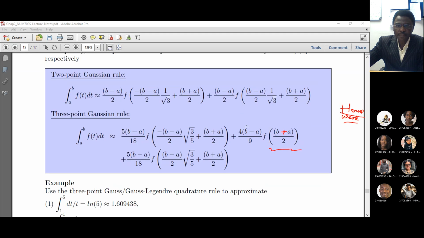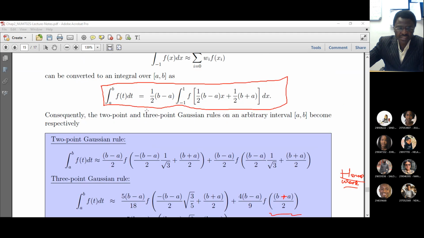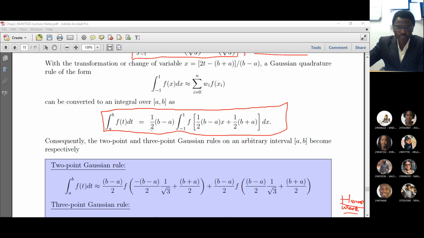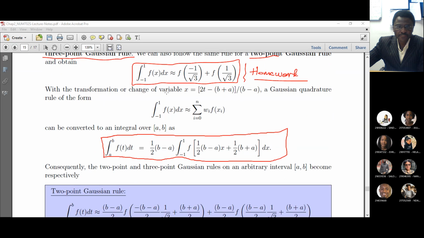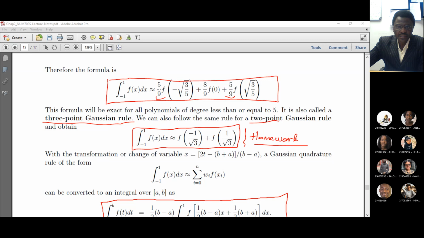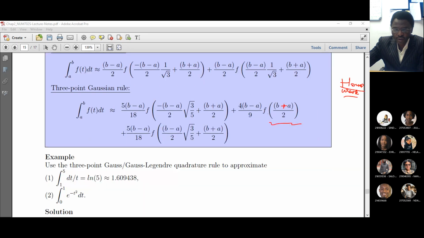Now, because here it is 8, and you have divided by 2, when I divide this 8 by 2 here, it will become 4. So it will be 4 by 9 in the middle. And you have the rest.